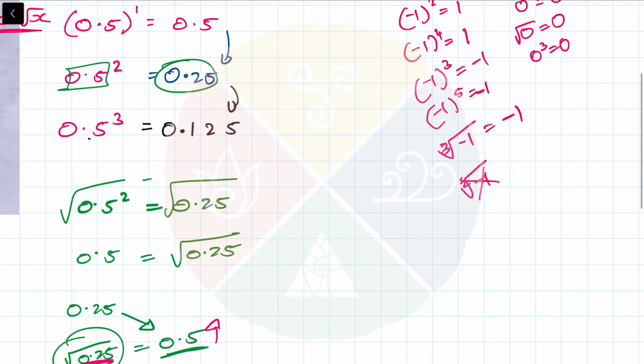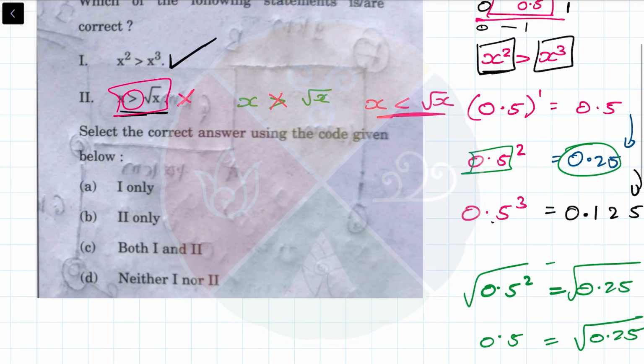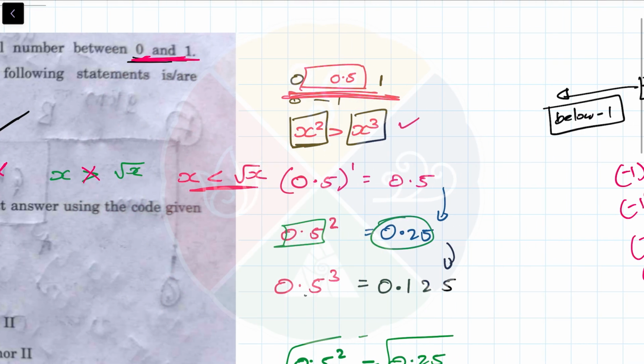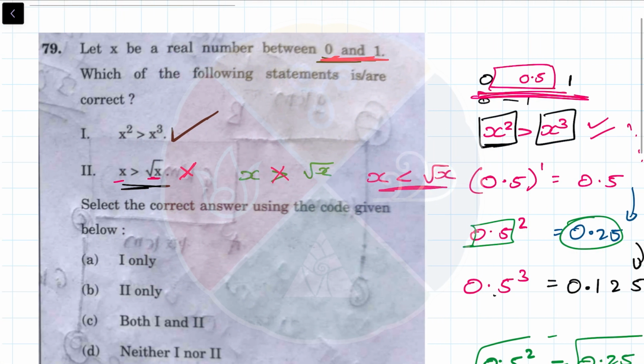They are saying x is greater than root x. No, that's not true for this set. In fact, even looking at these values, the higher the power you take, the more the value reduces. So the inverse is also true: the more square roots you take, the more the value will increase.